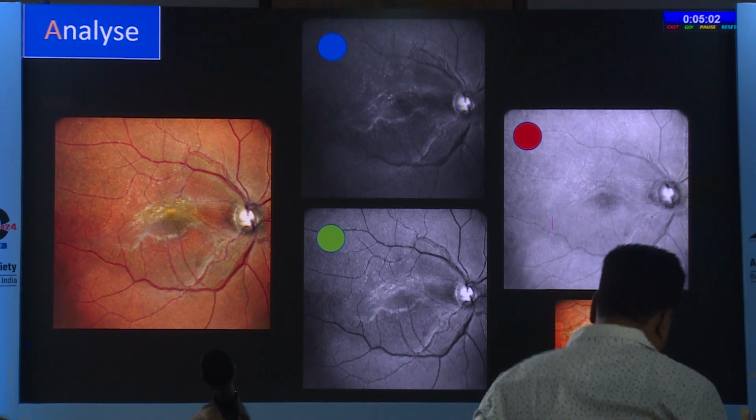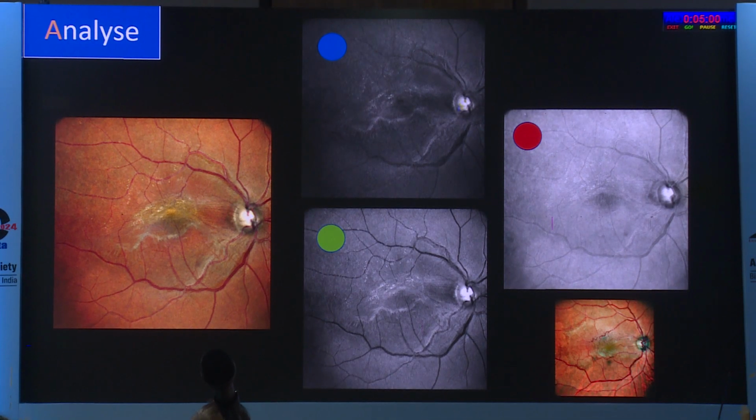So this is the multicolor image of an epiretinal membrane. Here you have an epiretinal membrane, and here you have a schisis of the macula. So it is imperative to preoperatively plan how to remove this epiretinal membrane atraumatically, because any further trauma to this area may cause visual deterioration.